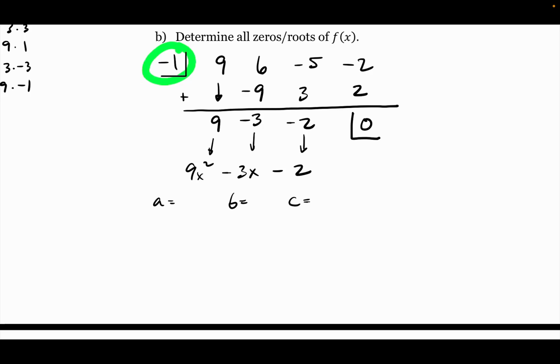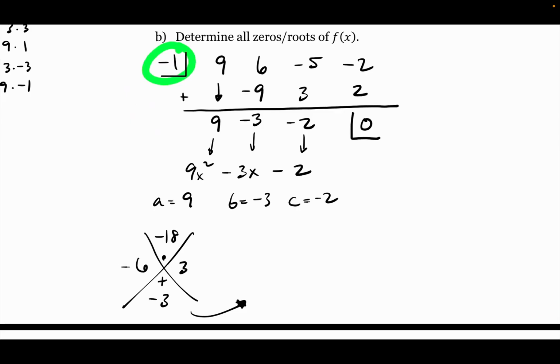Okay? So A is 9, B is -3, C is -2. A times C, -18 on top, -3 on the bottom. So I'm looking for the two numbers that multiply to be -18 and add to be -3. 6 and 3, one of them's got to be negative, right? -6, right?